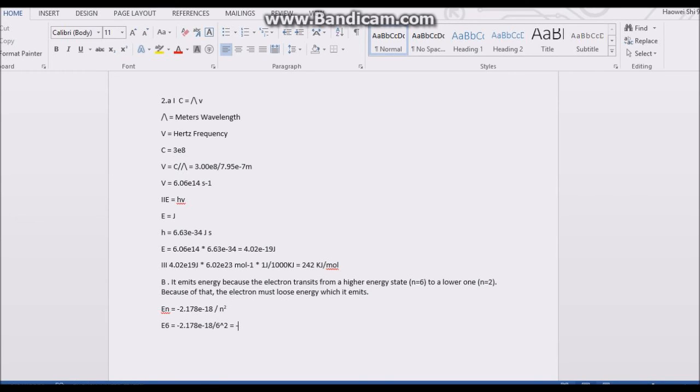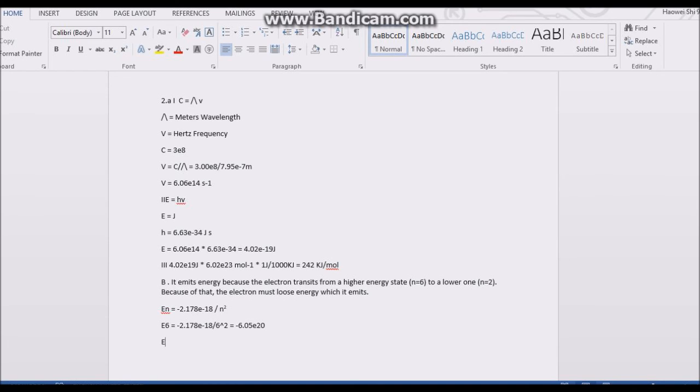Since the values are negative, we need to take the bigger value minus the smaller value, so this subtracts to a bigger value.